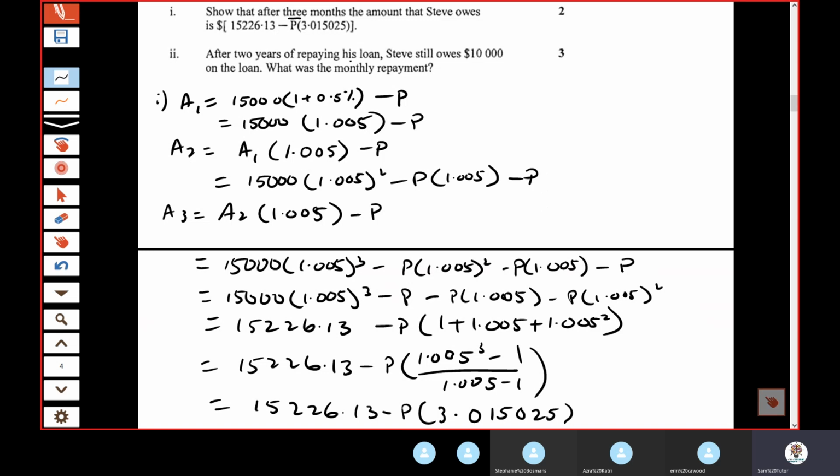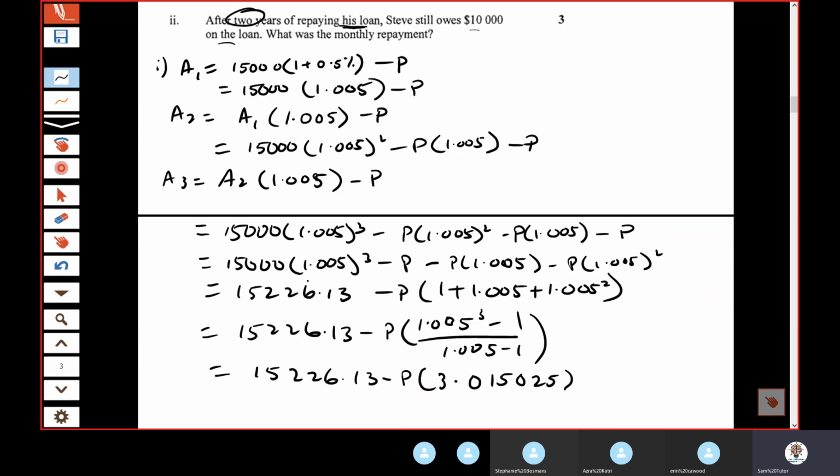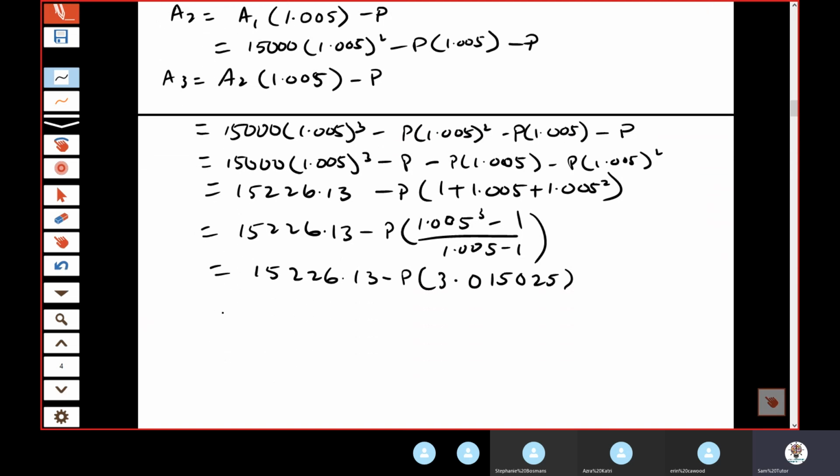After 2 years of repaying his loan, Steve still owes 10,000 on the loan. What was the monthly repayment? Okay, so hold on. What do we have firstly? If it's after 2 years, A24. So that's the first thing we've got to realize. So we want A24.